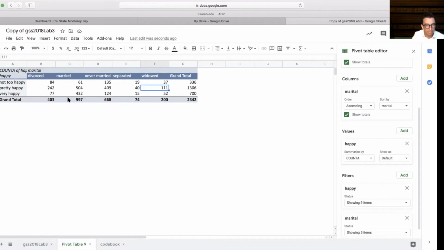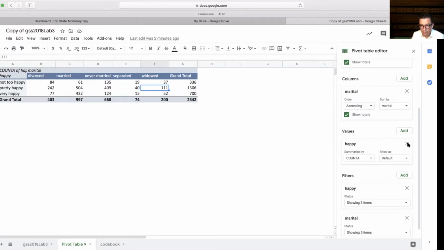Well, it's hard to see those differences because there's a lot more respondents that are married than respondents who are never married. So we need relative frequencies. And if we have the dependent variable in the rows and the independent in the columns, we're going to ask for percent of column. So where do we ask for that? We go to the values.